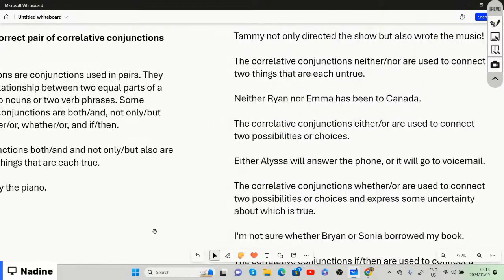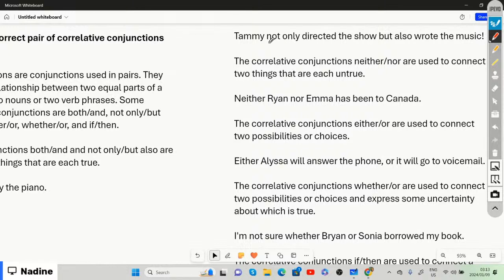If we use not only but also, remember we said that if we use both and, or not only but also, then it shows that each one of them is true. Now we looked at both and, for example, both Natalie and I play the piano. But now we're going to look at not only but also.